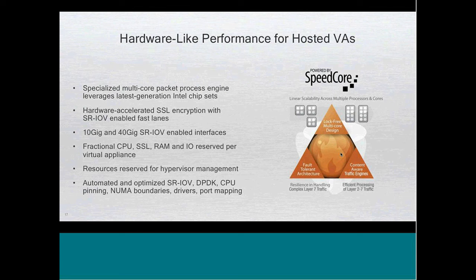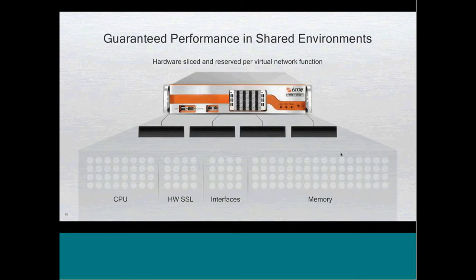And all the underlying complicated tasks are automated for you, so you don't have to be an expert in things like SRIOV or DPDK, NUMA boundaries, and CPU pinning, drivers, port mapping. All of that is done for you. So it's abstracted for you, and you can just do it using a simple click. And that guarantees you performance.